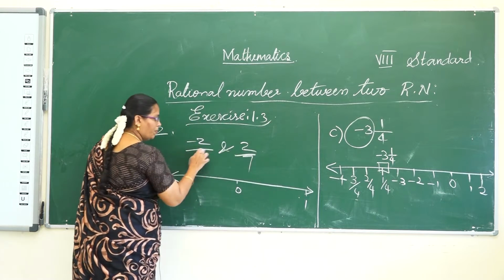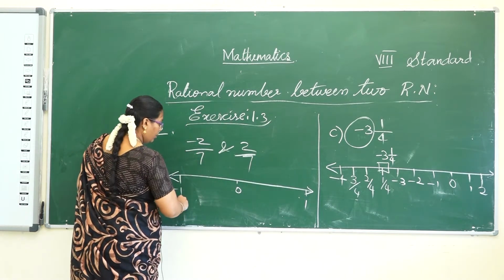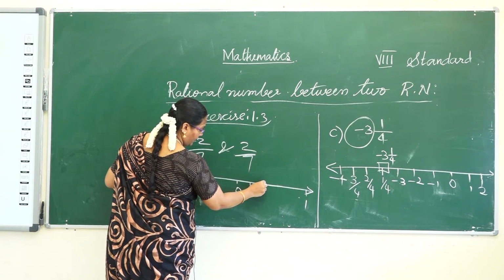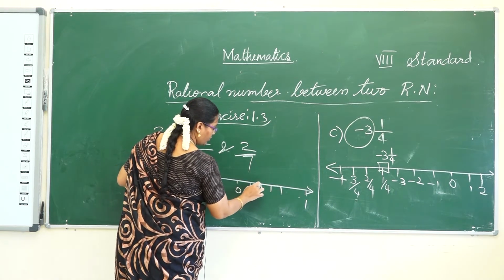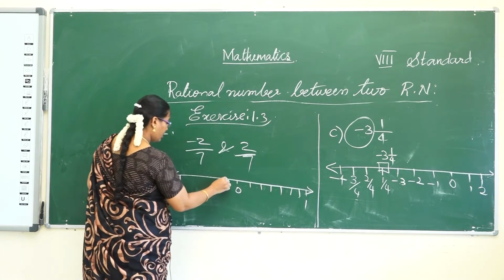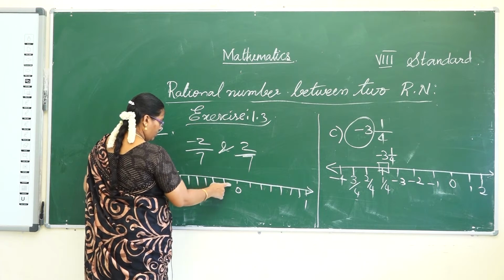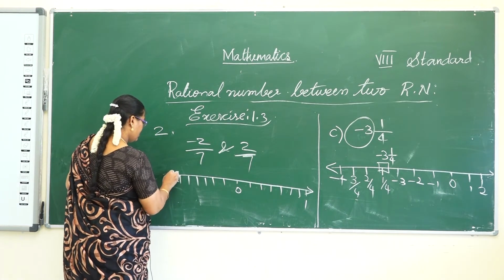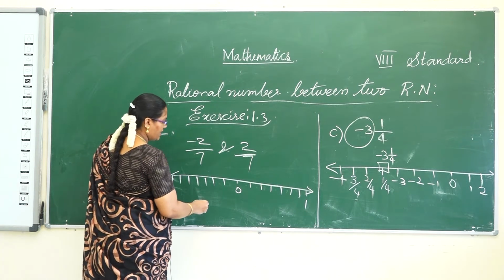Here it's a proper fraction, so it's divided into 7 equal parts: 1, 2, 3, 4, 5, 6 and 7. Here also, 7 equal parts are divided.